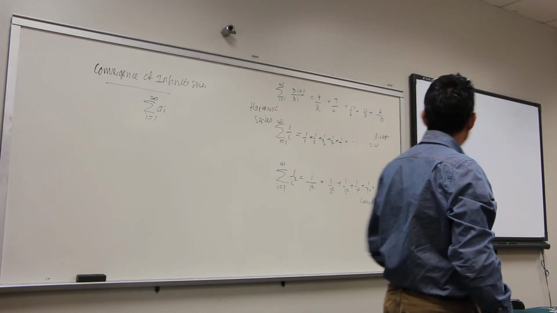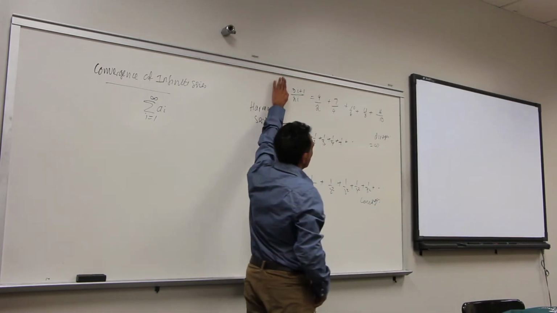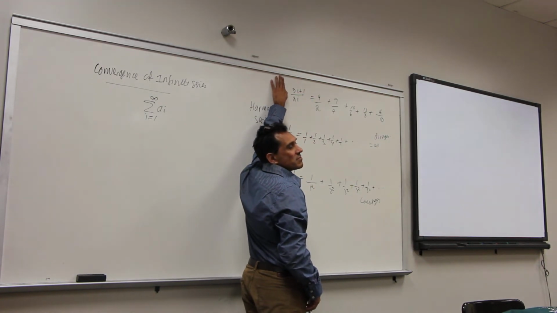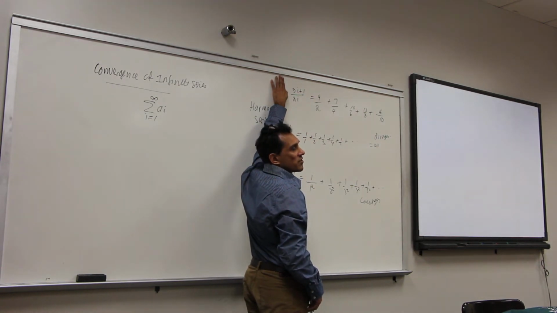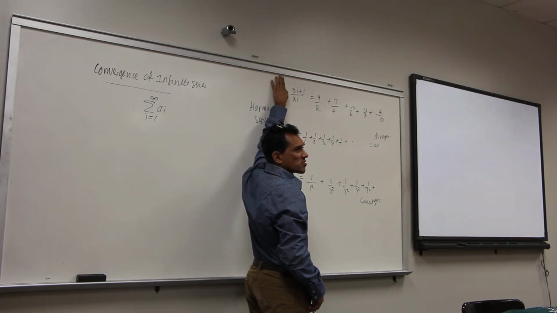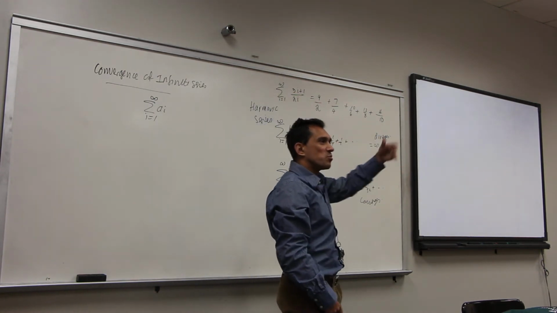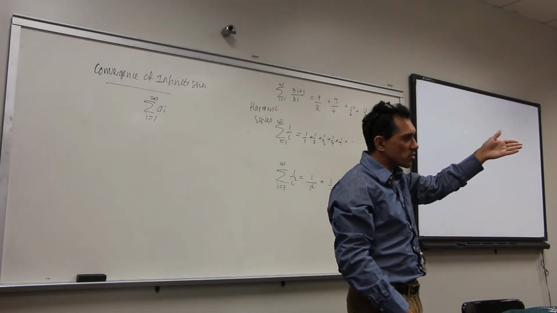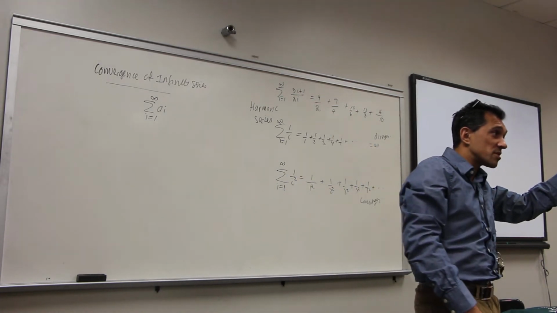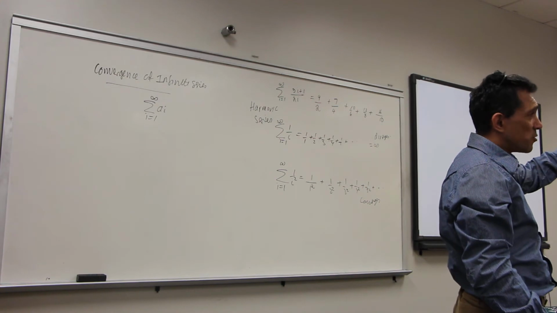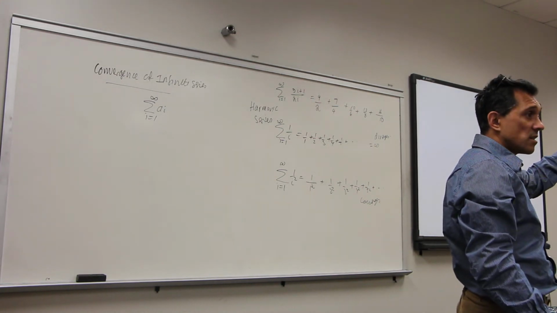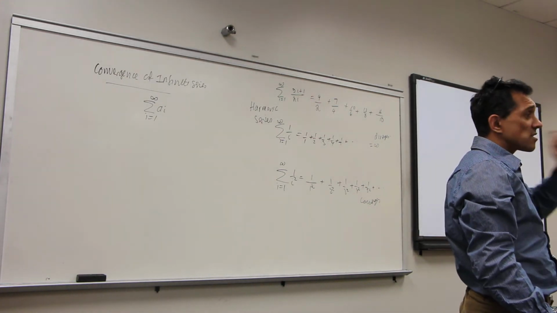This is where you take off your jacket. You see that as i goes to infinity, the terms go to 3 over 2. So at the end of the day, you're just adding 3 over 2, 3 over 2, 3 over 2, 3 over 2. And if you keep adding 3 over 2, you will get what? Infinity. This is called the divergence test.